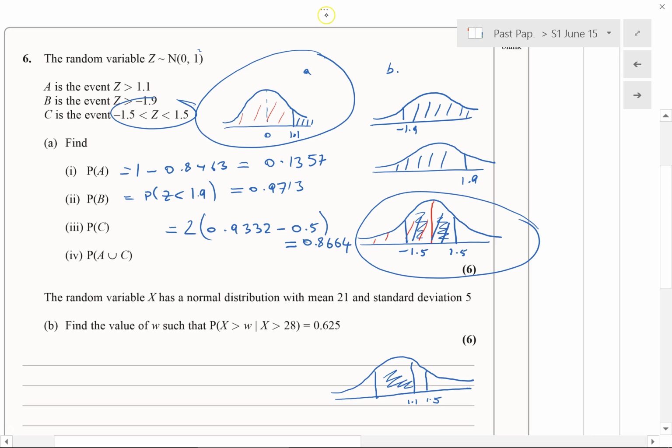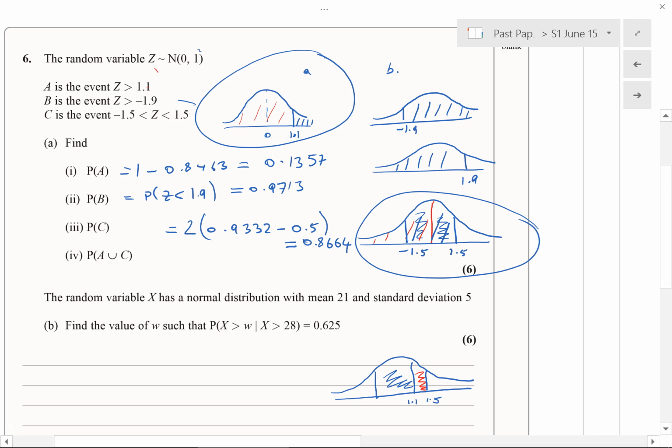So we've got this overlap, which would be A intersection C, because that's where both events occur, where Z is both in between minus 1.5 and 1.5 and greater than 1.1.